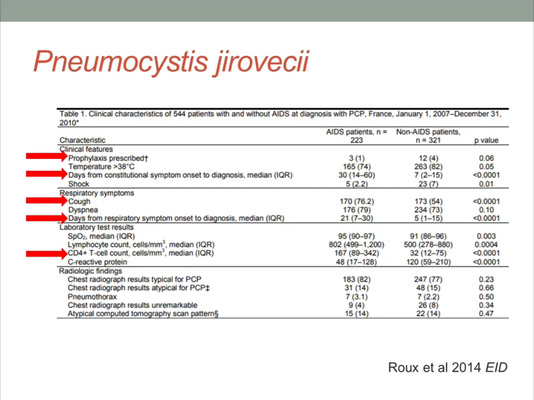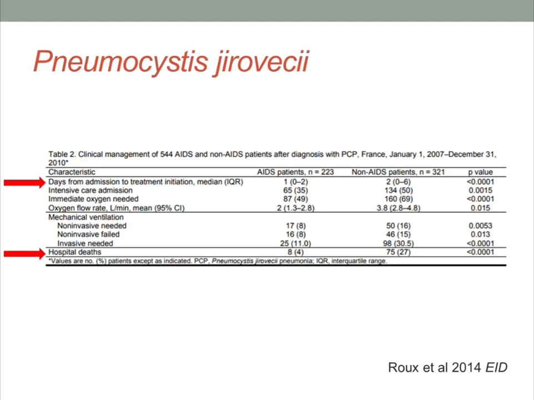They're less likely to have cough. Basically half of patients without HIV and pneumocystis did not have cough. They also tended to be diagnosed quicker. There are a lot of factors that go into that beyond just medical, but just knowing that it's potentially even more acute in patients who don't have HIV.